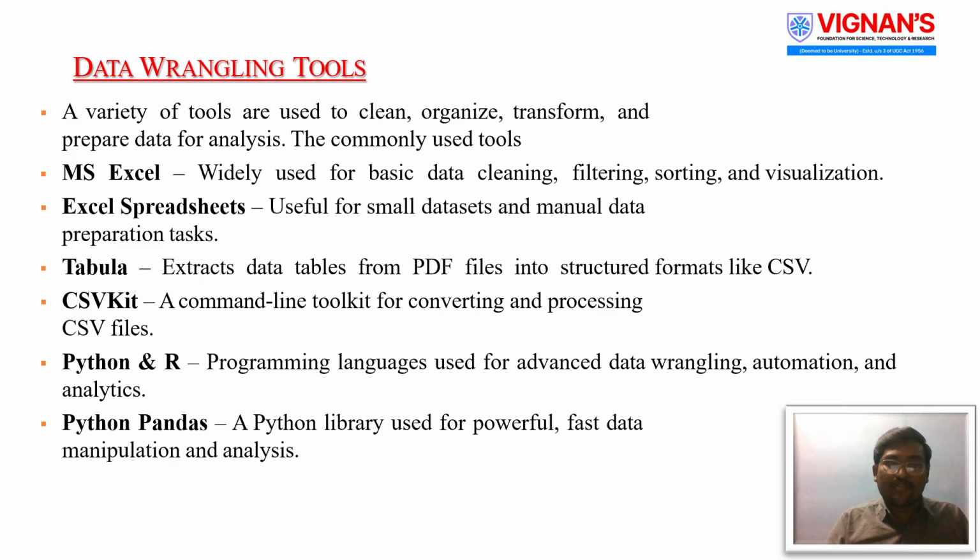They support large-scale data manipulation, automation, and analytics. Particularly, Pandas, a powerful Python library, enables fast and flexible data manipulation and analysis, making it one of the most widely used tools in data science. With these tools, data wrangling becomes more efficient, accurate, and scalable.